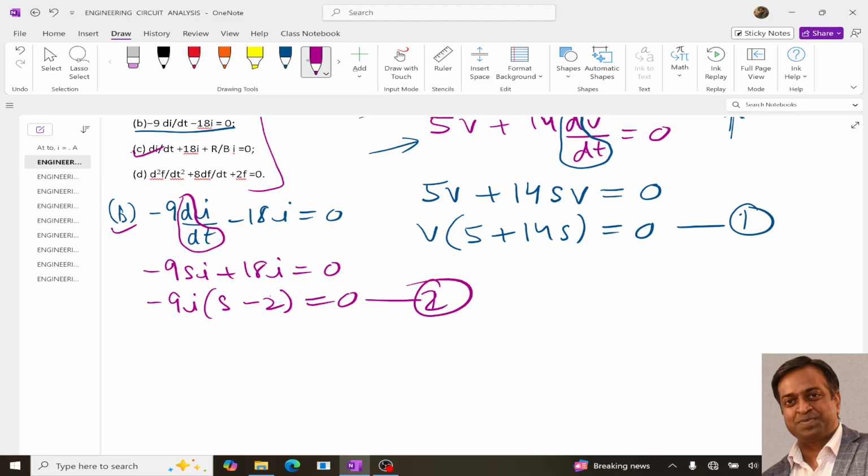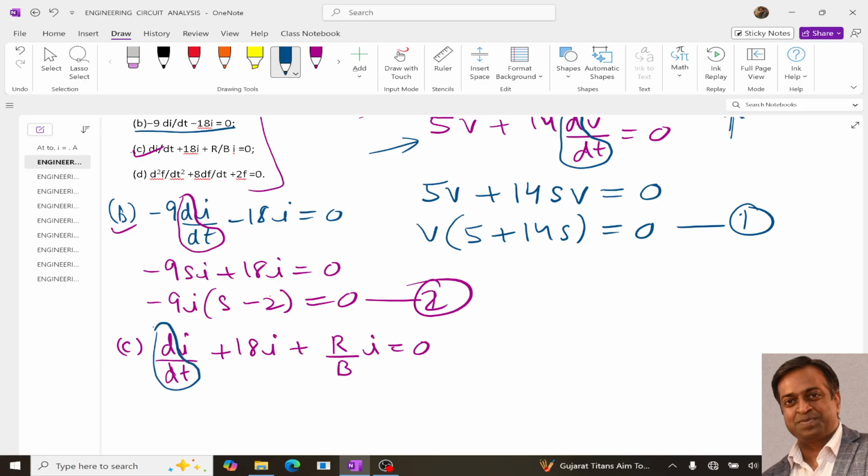Now coming to part C, it is di by dt plus 18i plus r by b i equal to 0. Now again substituting d by dt with s, I will get si plus 18i plus r by b i equal to 0.